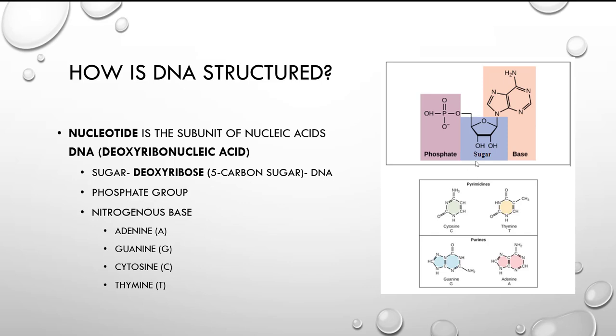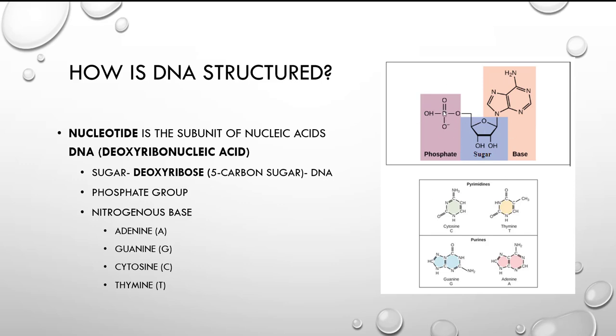This is RNA because deoxyribose doesn't have this OH here. It's just an H. But anyway, this is an RNA nucleotide. It will have a ribose sugar, a type of 5-carbon sugar, okay?